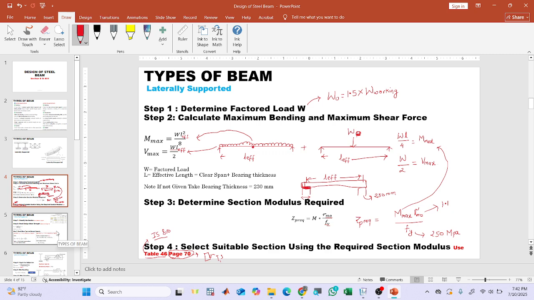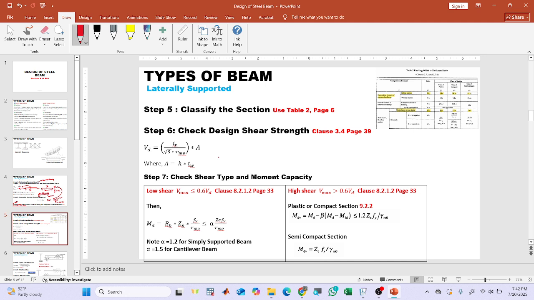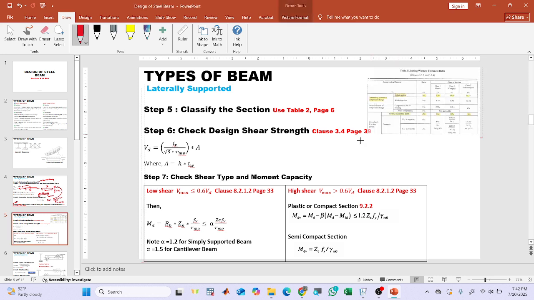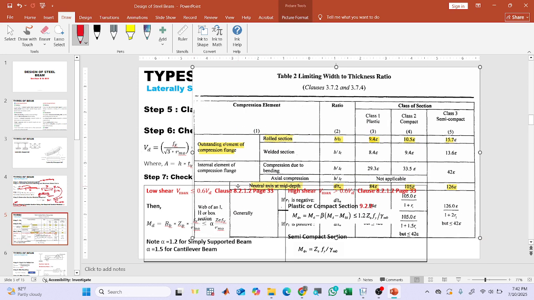After selecting the suitable section, the next step will be classifying the section. For classification, we will be using table 2 from IS 800, which gives the limiting width to thickness ratios. We are mainly focused on the I section now. This is the outstanding element of the flange.